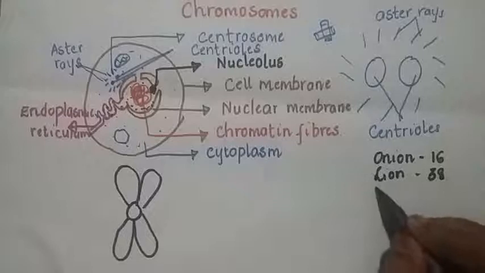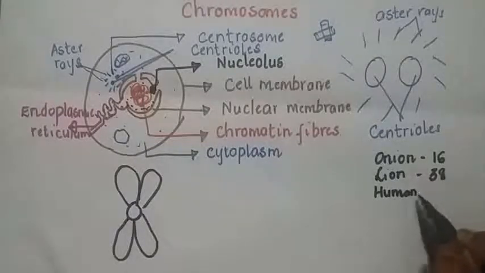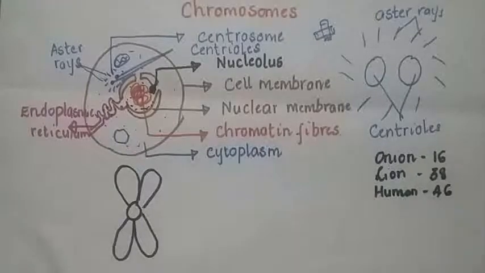In case of human beings, there are 46 chromosomes. So it means the number of chromosomes varies from one organism to the other organism, whether it is a plant or an animal.